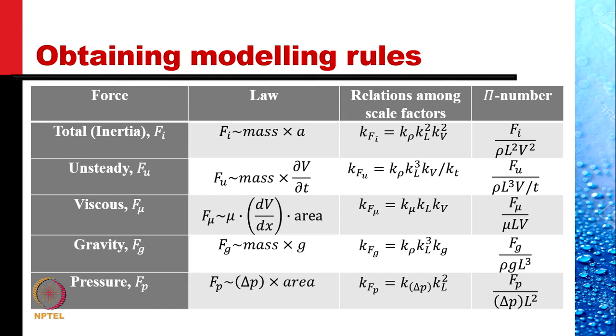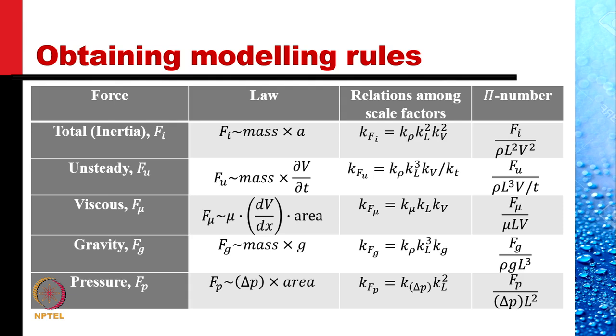And from this, we obtain that the inertial force divided by rho L square V square is the relevant pi number, which should be invariant between the prototype and the model. In this and in all subsequent discussion, the characteristic nature of these quantities is understood.